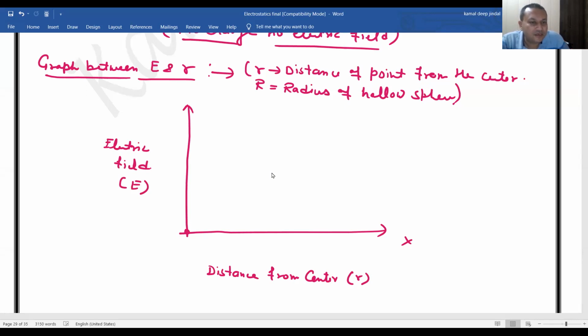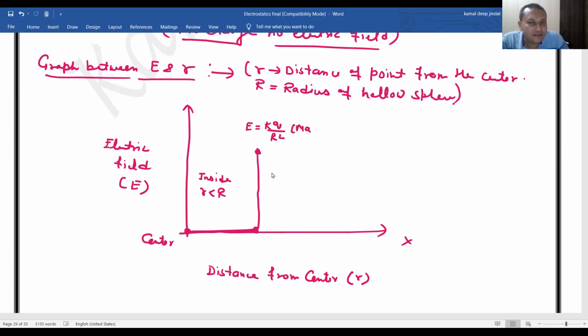From here you start, this is the center. From here you move outside like this, right? Up to this point, this is the inside point, r is less than R, and on the next point to the surface exactly, the electric field becomes maximum, and it is kq by R square.